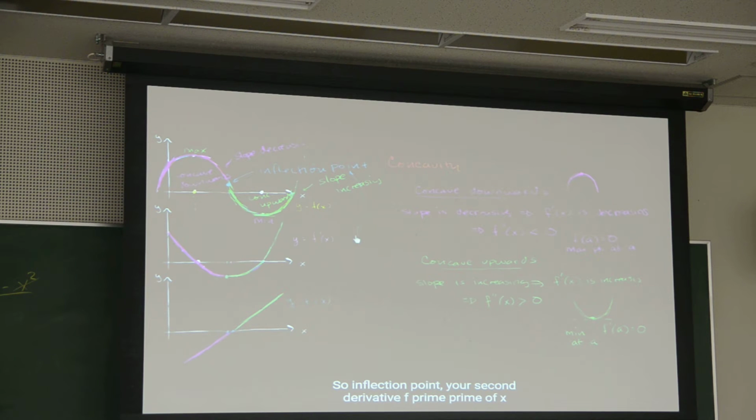So at an inflection point, your second derivative, f prime prime of x, switches signs, going from positive to negative or negative to positive. This is a case where we went from concave downwards to concave upwards. If we went from concave upwards to concave downwards, then up until the inflection point the slope was increasing, so the second derivative would be positive, and then the derivative is decreasing, so your second derivative would be negative.